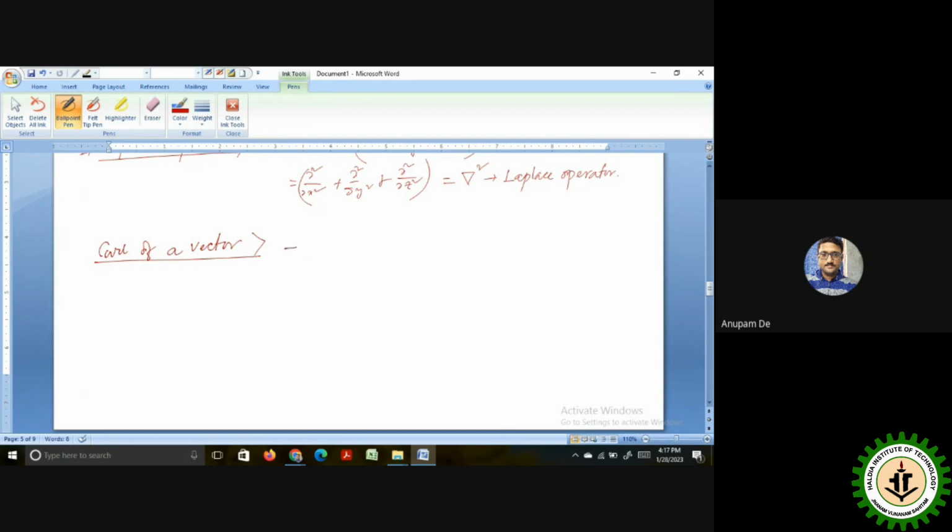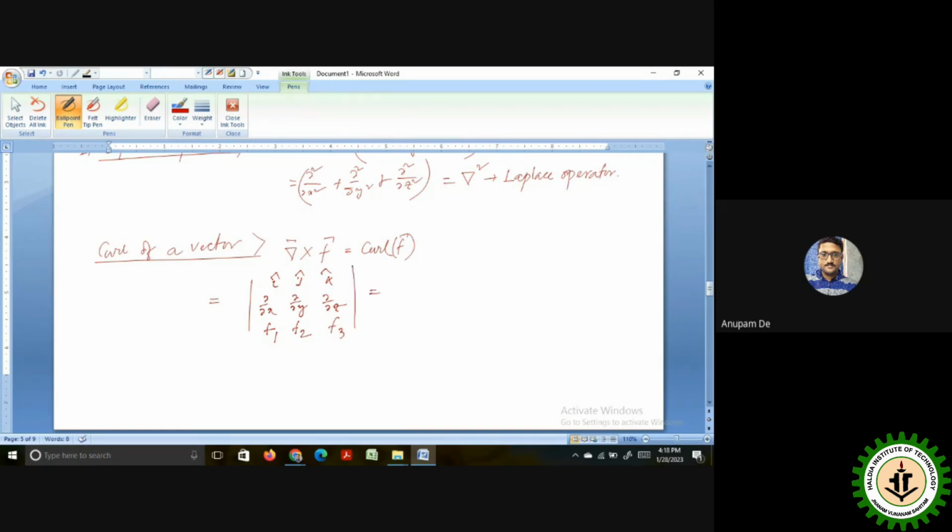Curl of a vector is defined by nabla cross the vector f. It is also denoted by curl of f. It operates like a vector: i, j, k, then del/del x, del/del y, del/del z, and f1, f2, and f3.